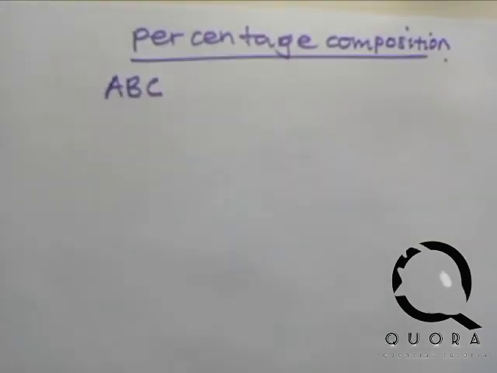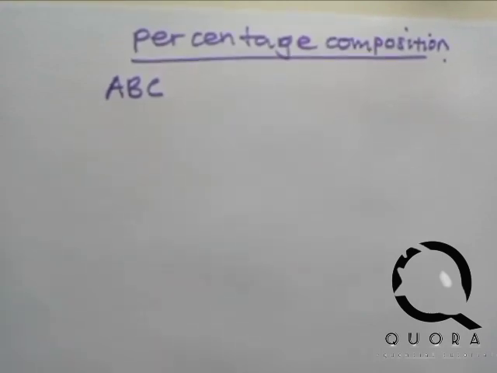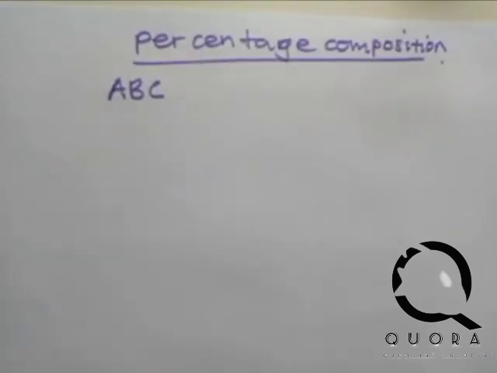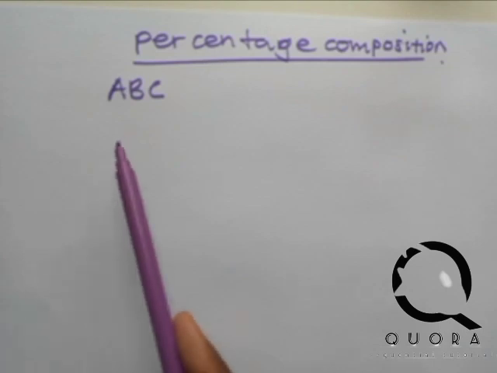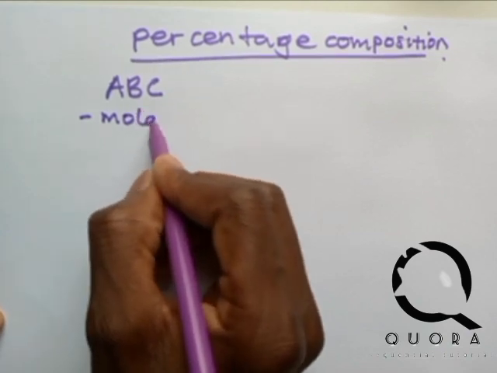If they tell you to calculate the percentage composition of every element here, what are you supposed to do? To calculate the percentage for every element, first of all, you need to analyze what is the molar mass for this whole compound.